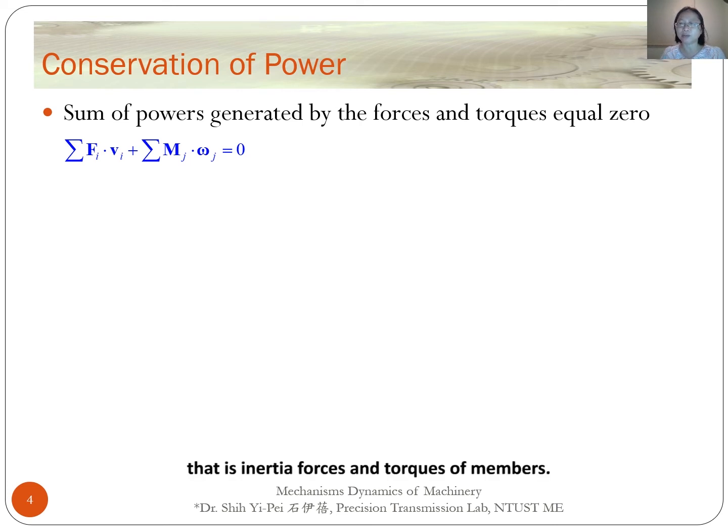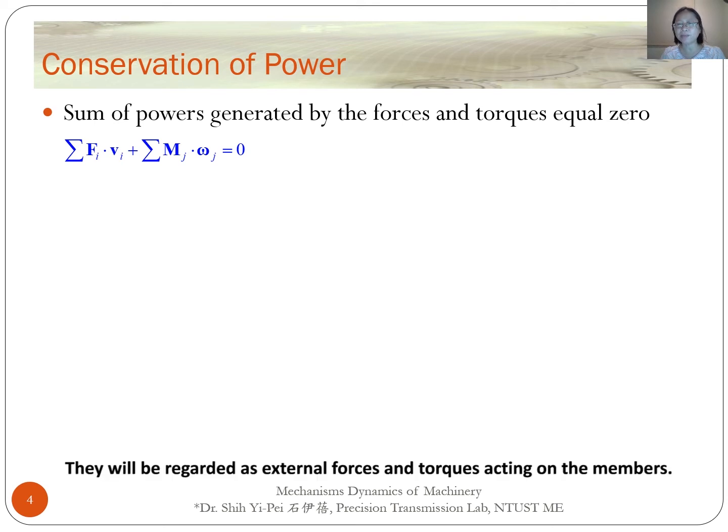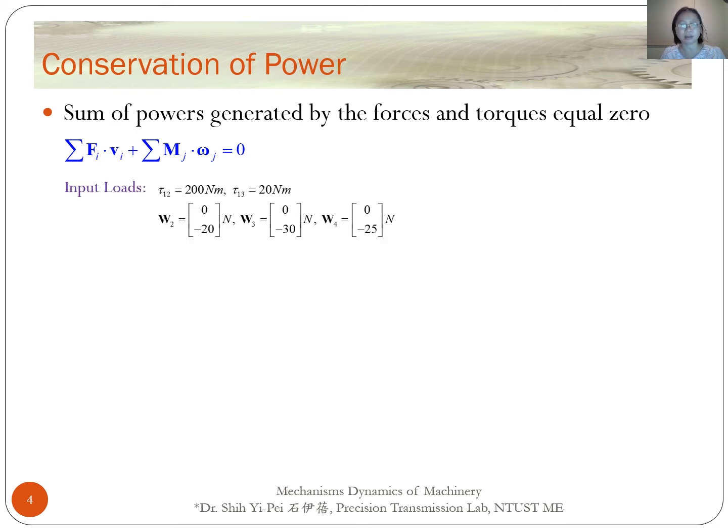That is inertial forces and torques of members. They will be regarded as external forces and torques acting on the members. Here we have input torques tau12 and tau13, and the weights of members 2, 3, and 4. Here torque tau14 is unknown.